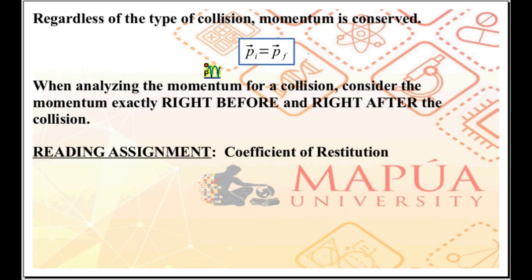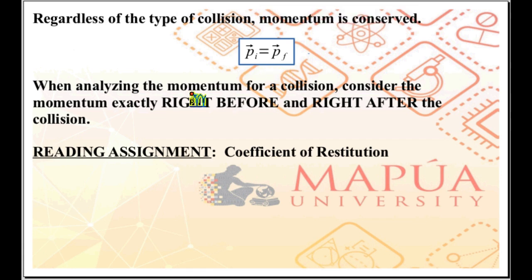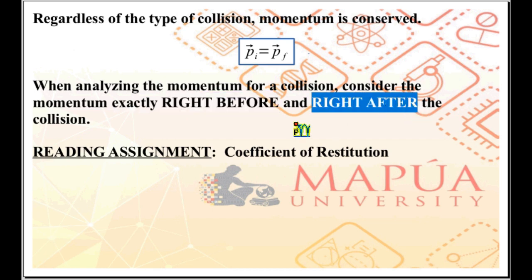In that regard, when you see that there is collision in the system, you're better off using conservation of momentum because momentum is conserved regardless of the type of collision that occurred. Again, initial momentum is equal to final momentum. Initial momentum is right before the collision, and final momentum is right after the collision.